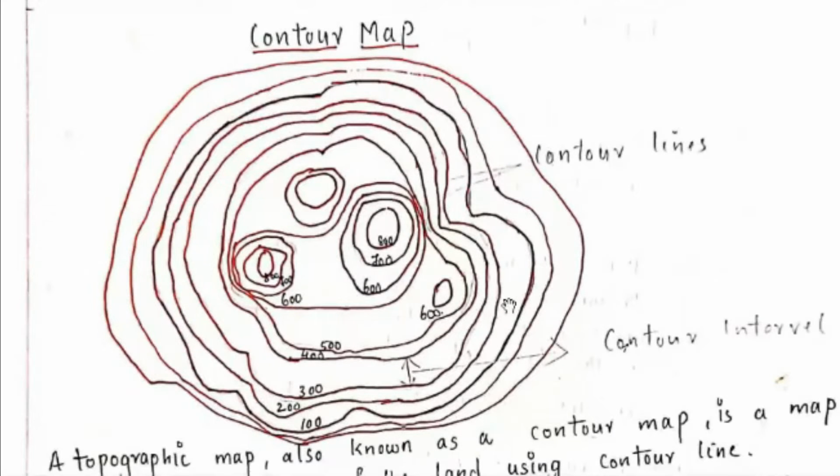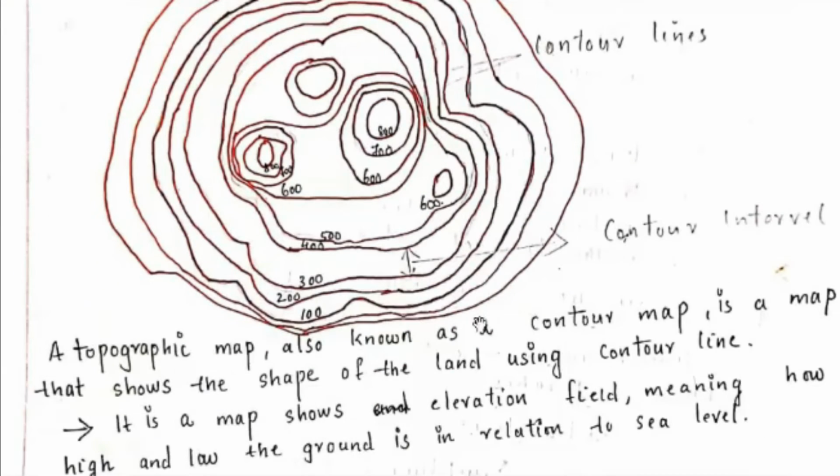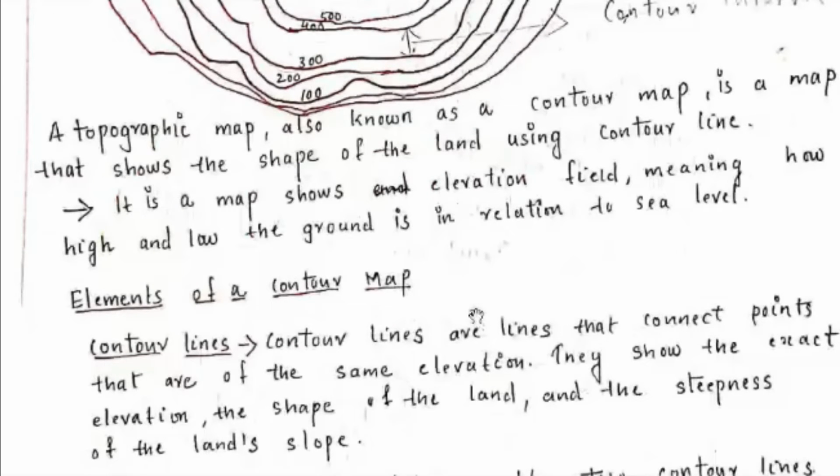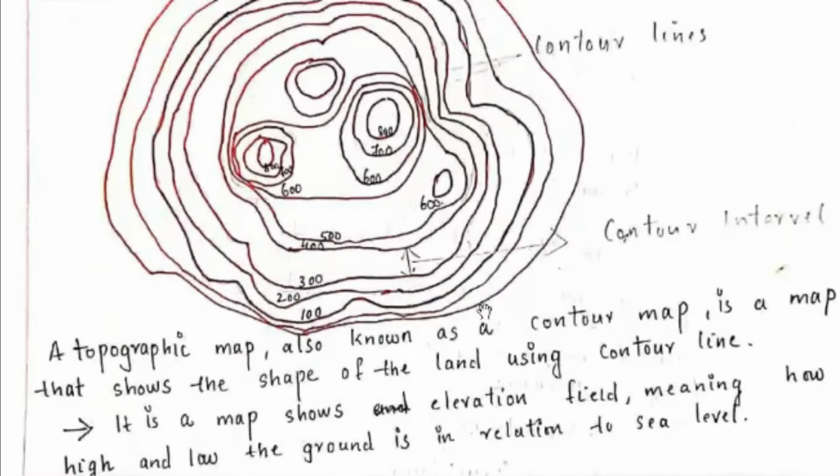You can also understand the slope of that area, whether it is a steep slope or a gentle slope, by observing the values of contour lines, which we will be discussing in the further pages. First, we are going to observe the different elements of a contour map.